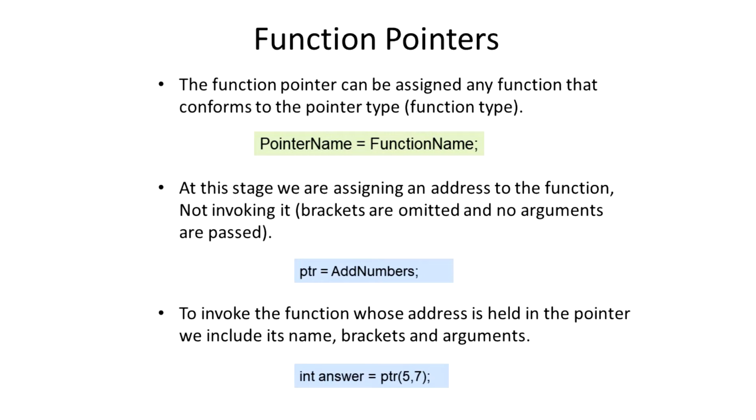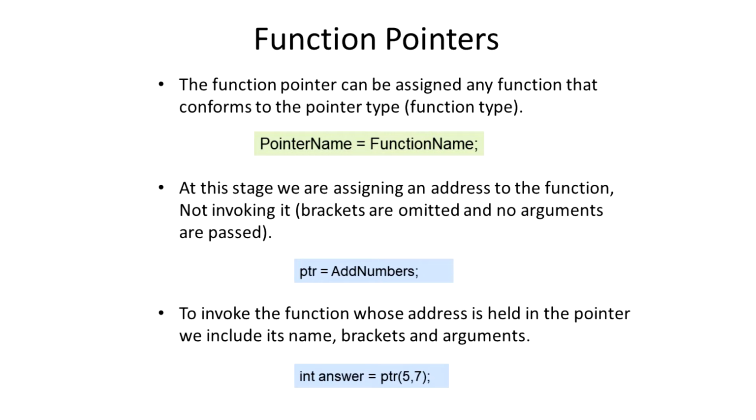And then what we can do is we can use that pointer as a substitute for the function name itself. So if you have a look at the final blue box at the bottom of the slide, notice there, rather than calling addNumbers, we can say pointer, PTR, as the function name, and then the call operator after it, passing the parentheses, which in this case are just 5 and 7, presumably adds them together and returns the result, which is then assigned to answer on the left-hand side.